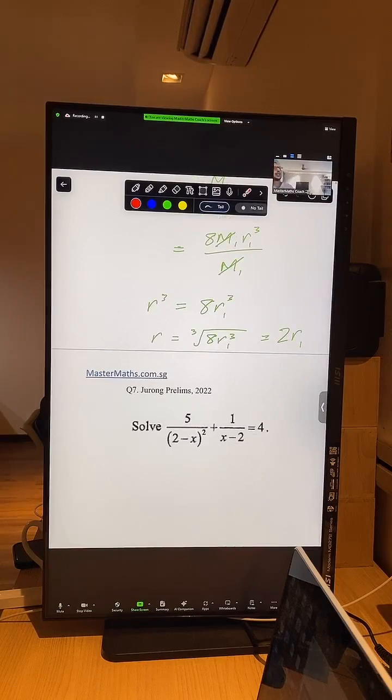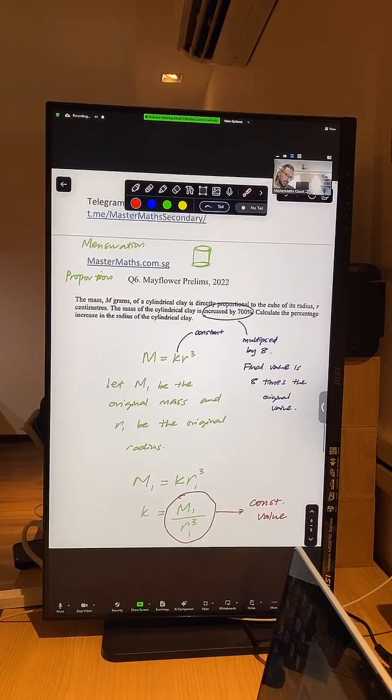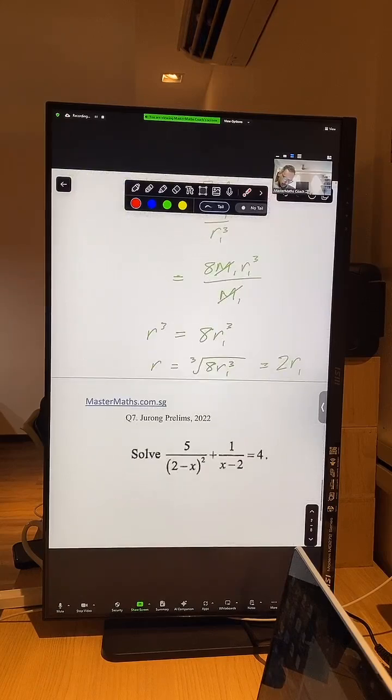So my final radius will be twice the original radius. So what's the percentage increase? The percentage increase of R is equal to 100%.